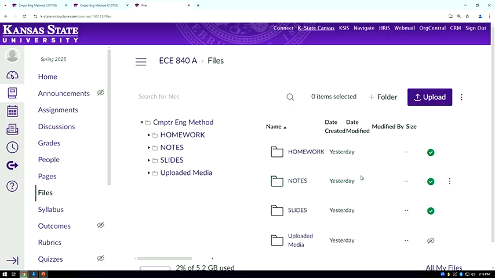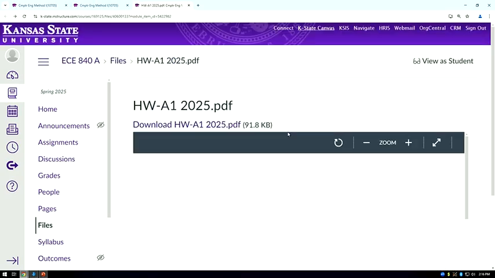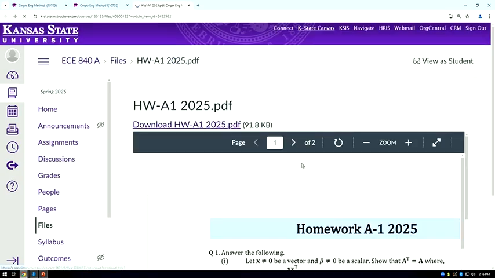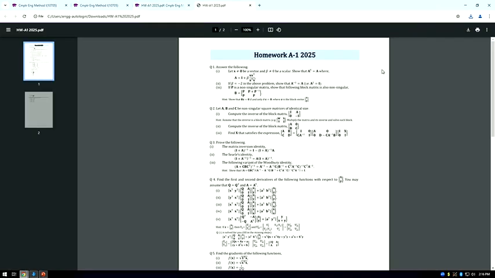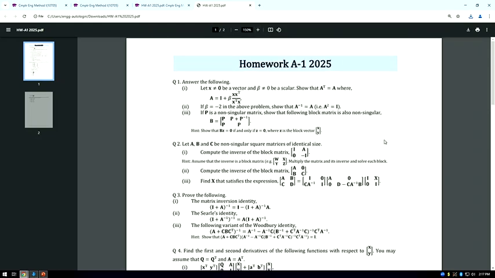Now there are 15 points, and I'll grade them out of 30, so everything will be double.